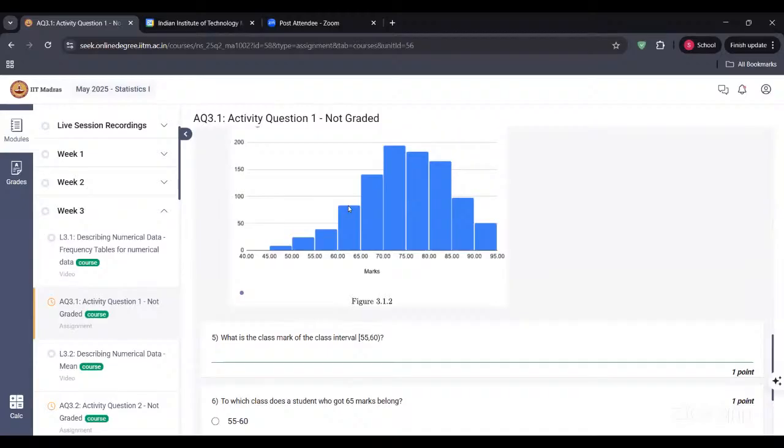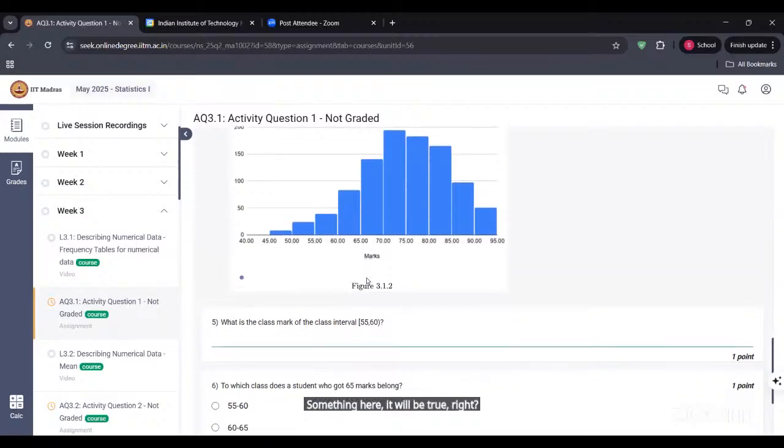Something here it will be there, right? Okay, marks is here.